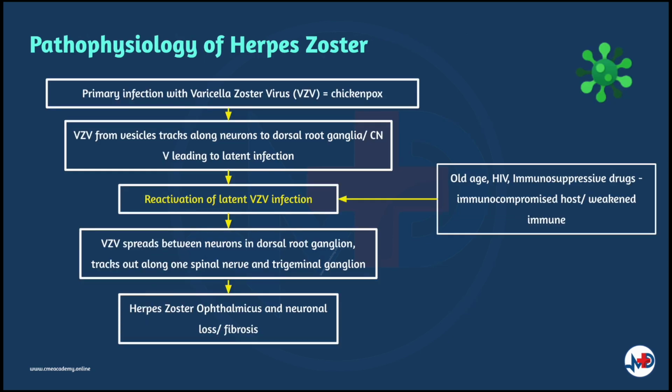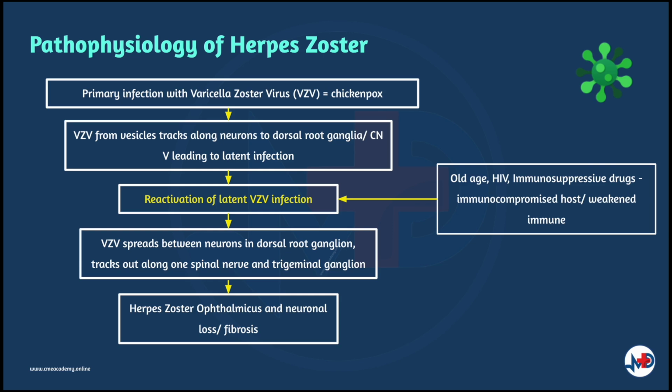So how does herpes zoster come about? Starting with the primary infection with varicella zoster virus, there will be diffuse varicella infection, which as we all know is known as chickenpox. Varicella zoster virus from vesicles will track along neurons to the dorsal root ganglia or the cranial nerve 5, leading to latent infection.